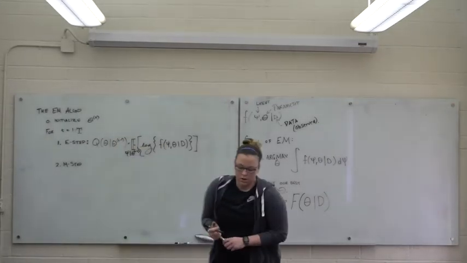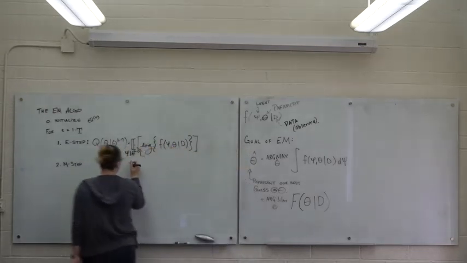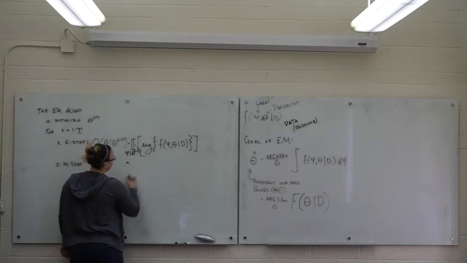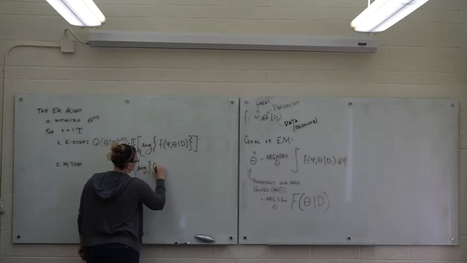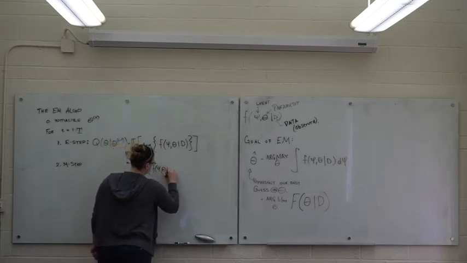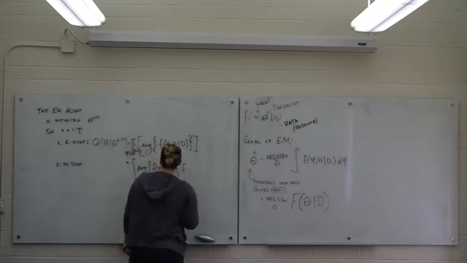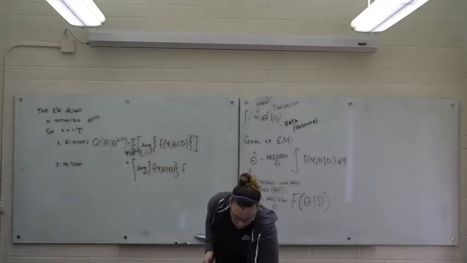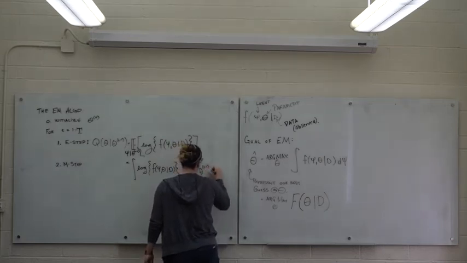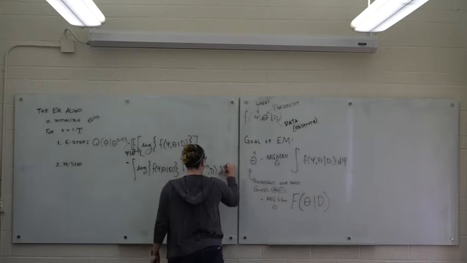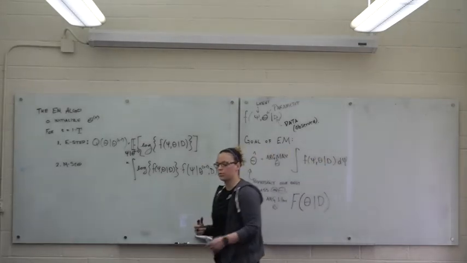Okay? Once we take this expectation, which let's take another step, because this is simply looking at the integral of the log times the conditional density. I'm going to make sure I get my notation right. Okay? This will come into play when we start trying to do the proof of showing you guys why this works.